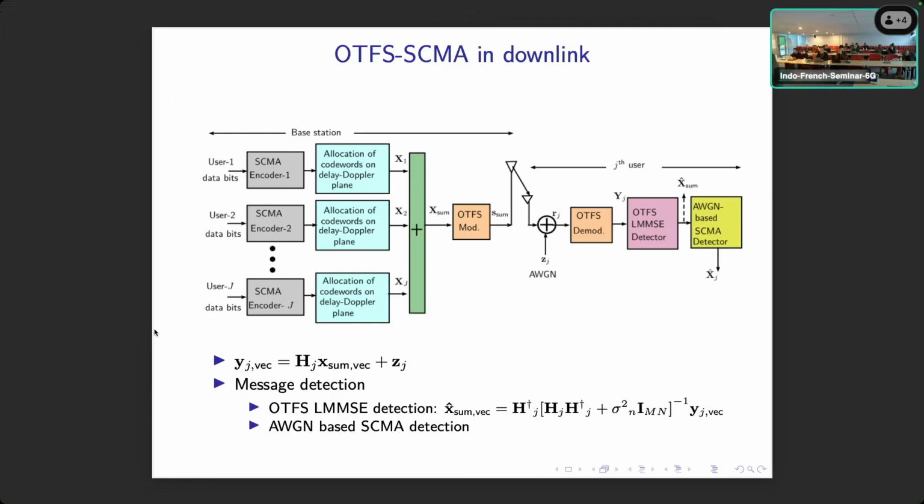Then we perform the OTFS modulation, and the receiver structure is straightforward. We perform OTFS demodulation, then OTFS equalization based on an MMSE equalizer, and then the sparse code multiple access detector. This is the block diagram for OTFS SCMA in the downlink.